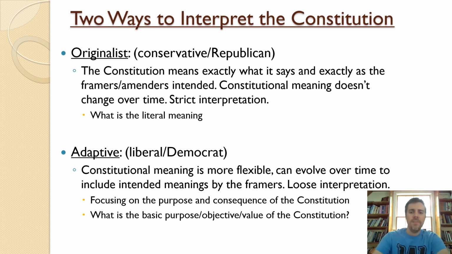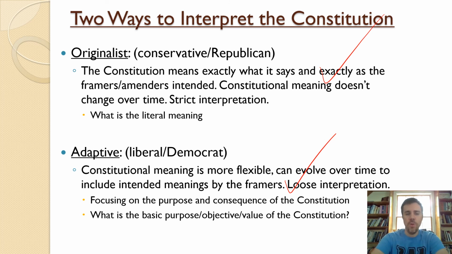So these people tend to be more okay with the court making whatever new decision they may have. So again, originalist: the Constitution's meaning does not change, does not evolve. The adaptive model says that the Constitution is updated based off of our interpretation.